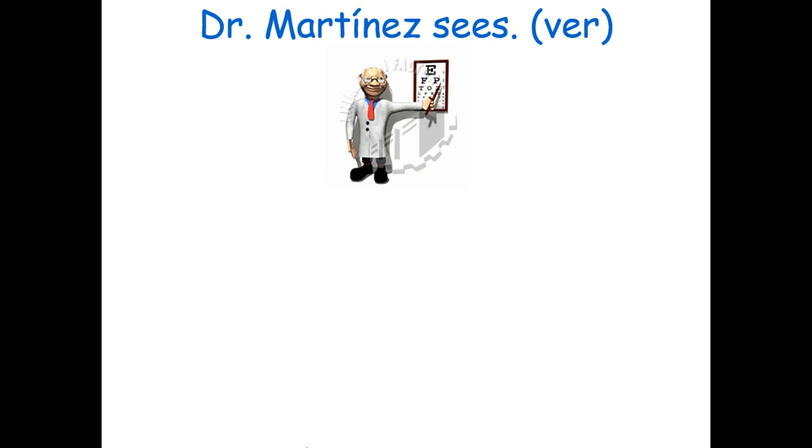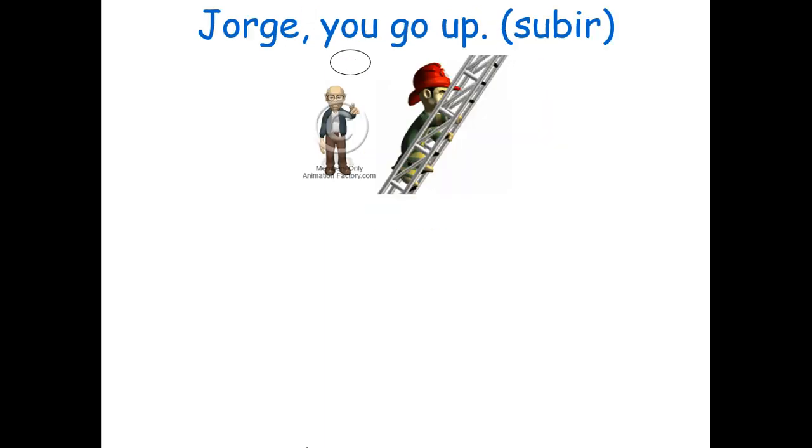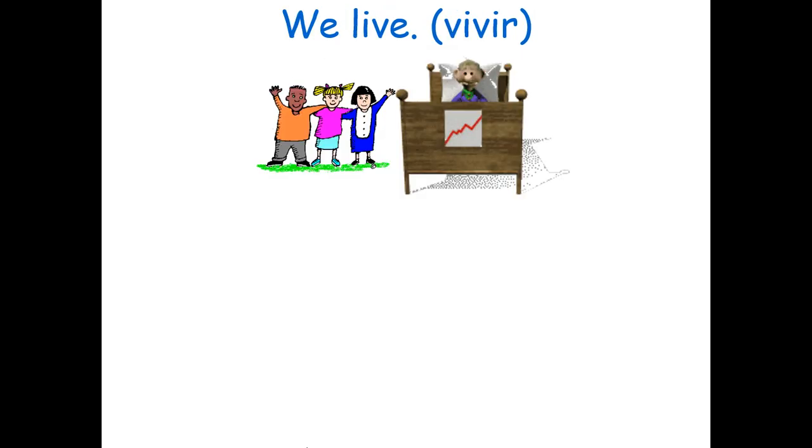When you take off the ER, the stem is just V. So we're saying he sees, so it's ve. I live. Vivo. Jorge, you go up. Subes. Ella decides, or she decides. Decide. We live.